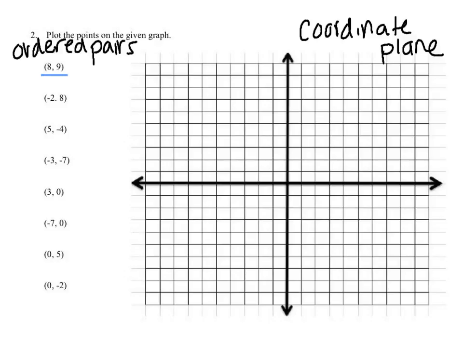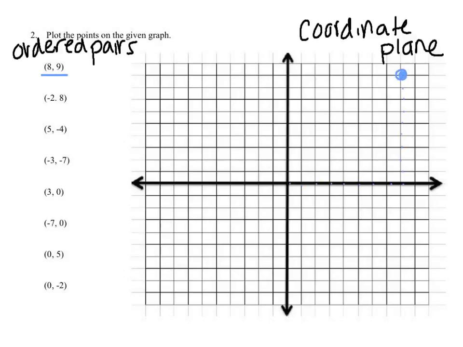I'm going to take this first one, 8, comma 9. If I start in the middle, called the origin, I'm going to go to the right 8 because it's positive. So that's 1, 2, 3, 4, 5, 6, 7, 8. And now I'm going to go up 9 because it's a positive 9. So 1, 2, 3, 4, 5, 6, 7, 8, 9.